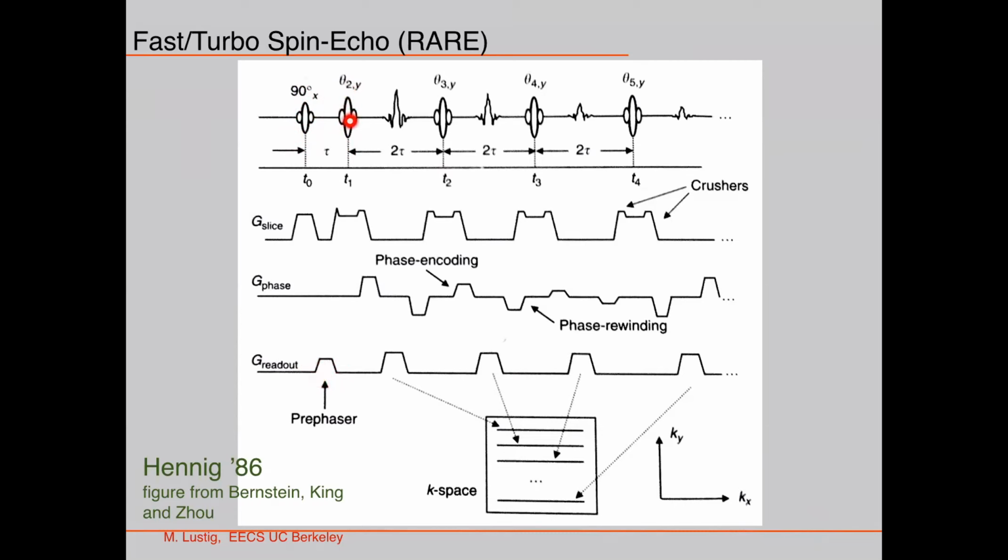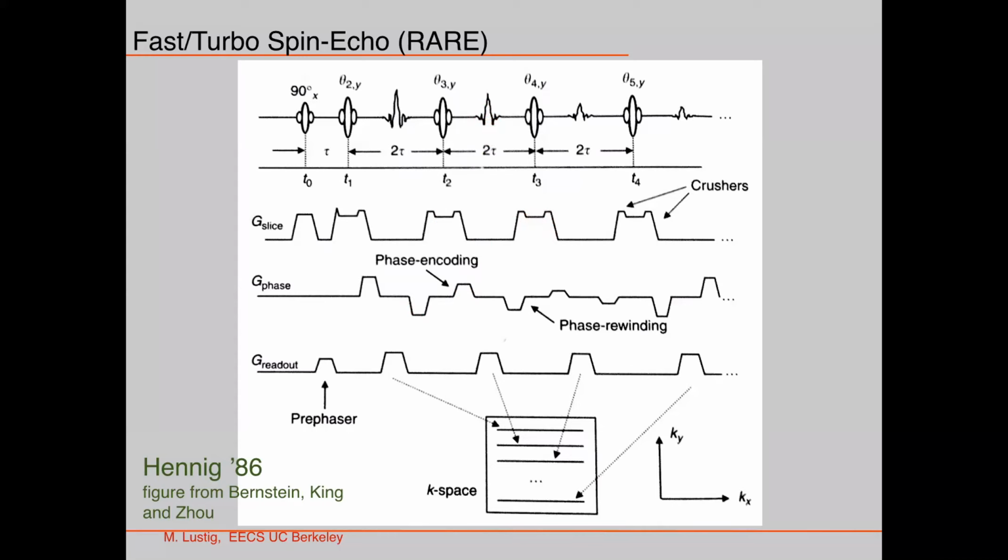And then a 180 refocus, and you see the horn gradient? And then you have a phase encode, and you read one phase encode. And then you rewind that phase encode, and then you do another 180, and then another phase encode, and then read the second one, and then another 180, and so on and so forth.